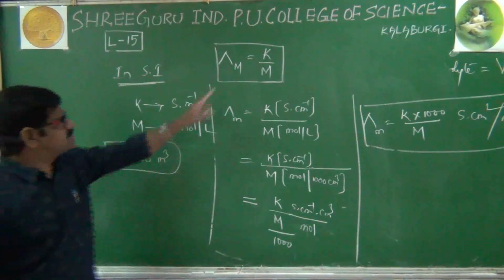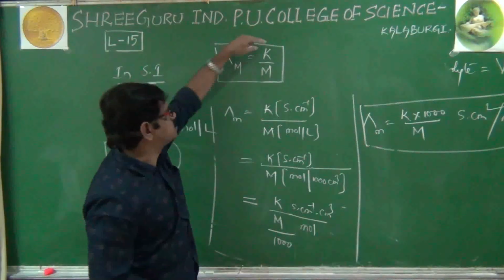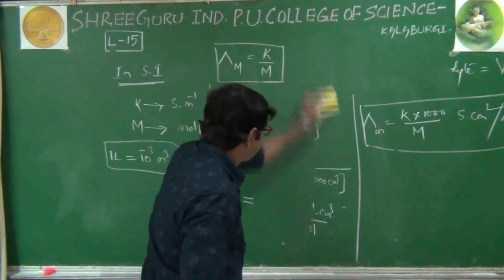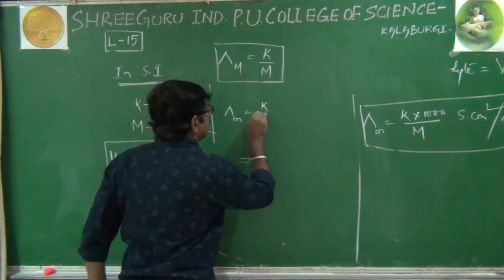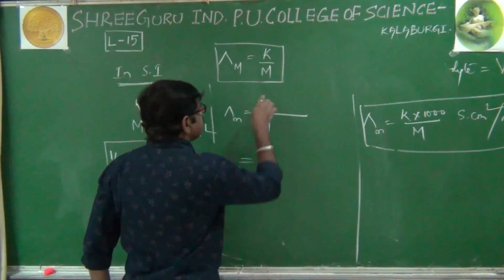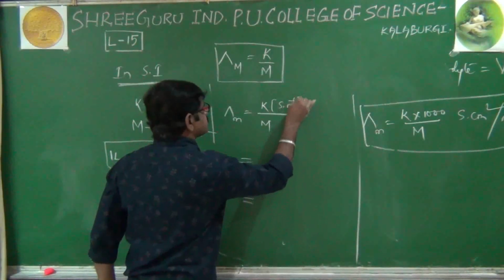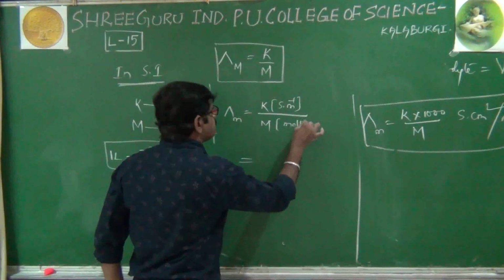Right. Now again our main formula, lambda m equals K by m. Now we'll change. K units in the SI system are Siemens per meter. Then molarity first we write as mole per liter.